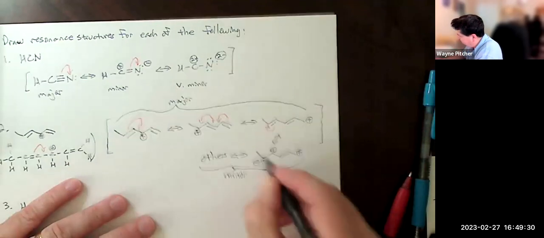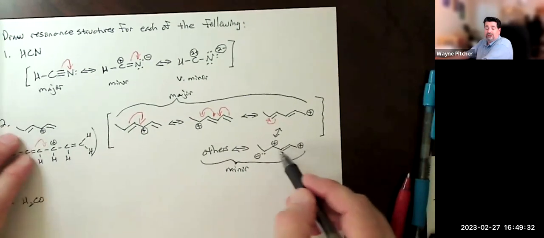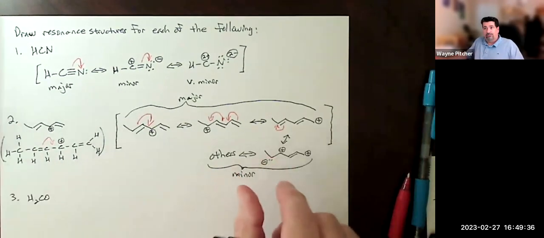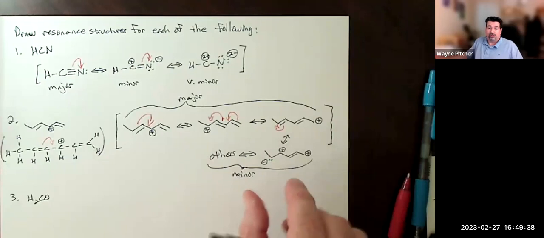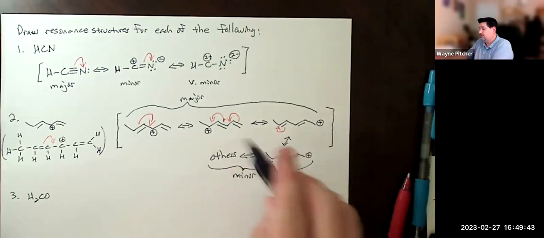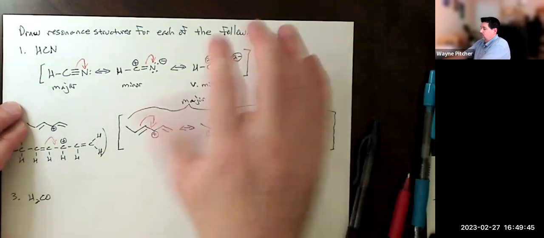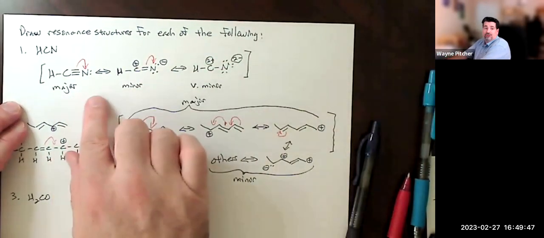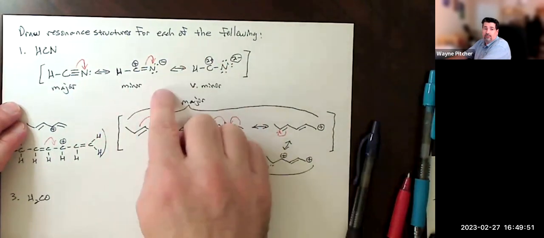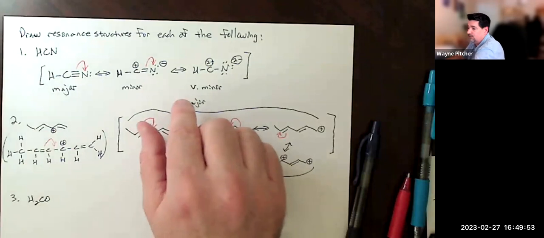And these others are going to be minor because they all have additional charge separation. A lot of times, well, maybe most of the time, we don't even bother drawing in the minor ones. So for example, for drawing HCN, we're not going to draw the minor and very minor resonance structures.